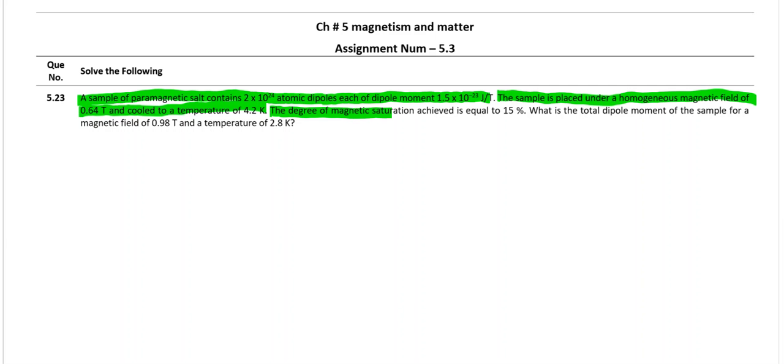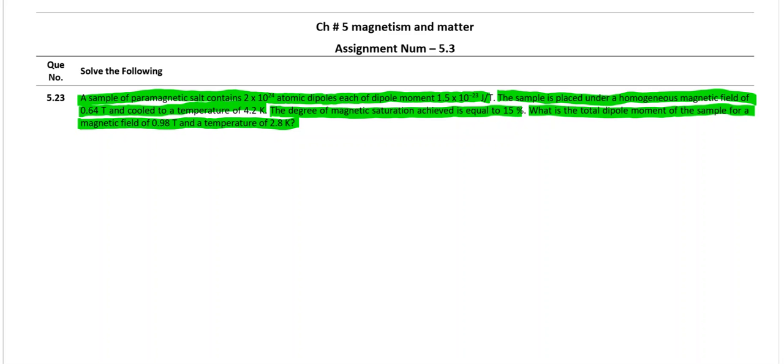The degree of magnetic saturation achieved is equal to 15%. What is the total dipole moment of the sample for a magnetic field of 0.98 Tesla at temperature 2.8 Kelvin? Let us start with data collection.